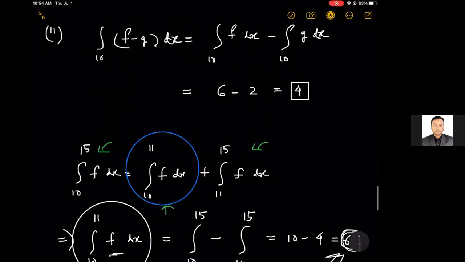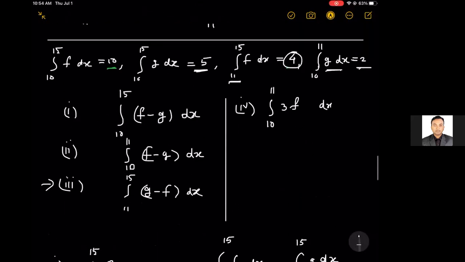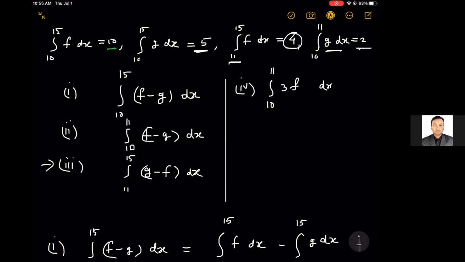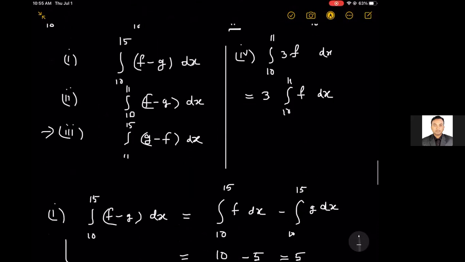We can use this since we have already done the calculation. So we can write it as 3 times the integral from 10 to 11 of f dx, and 10 to 11 was 6, so it is indeed 18. Very good. Any question from this one?